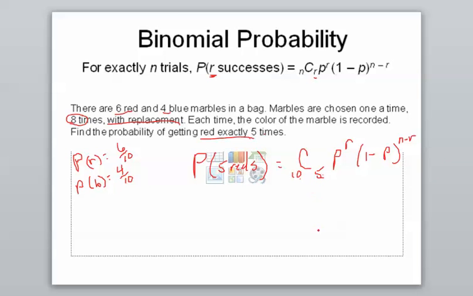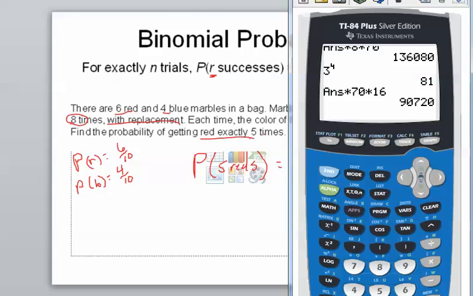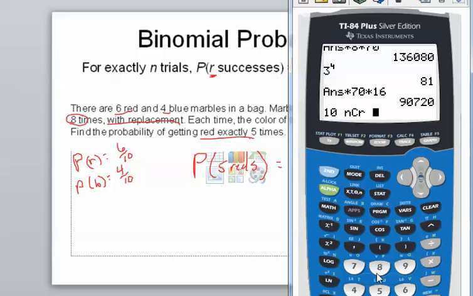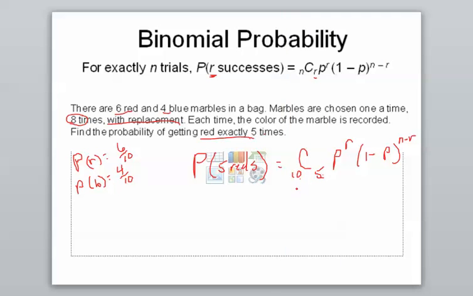So let's see here. The combination 10, going over here to math, PRB, option 3, and we're taking them 5 at a time, and we hit enter, and we get 252. Okay? The probability of success is 6 out of 10, and we're taking that to the 5th power.